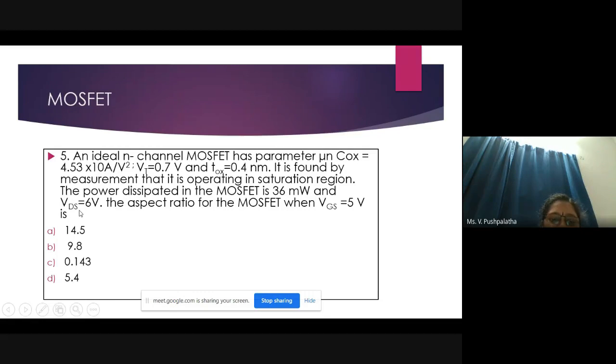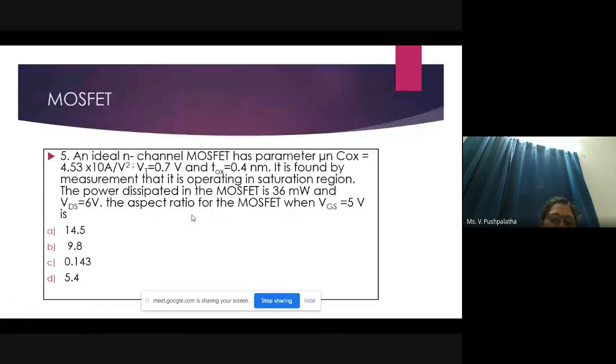Your VDS must be greater than or equal to VGS minus VT. Now, VDS is 6 volt, VGS is 5, and VT is 0.7. Obviously, VDS is greater, so it is in the saturation region, right? So you need to find the aspect ratio. Aspect ratio is nothing but width over length.